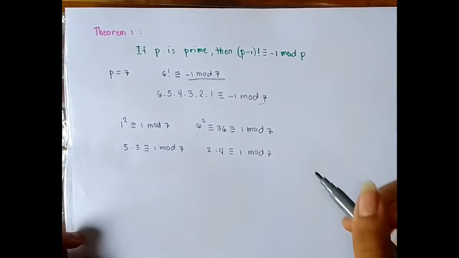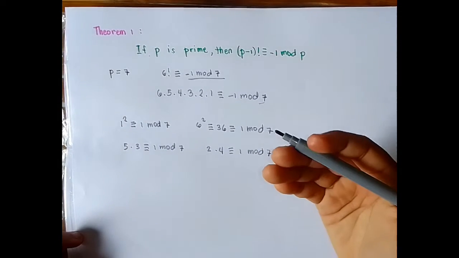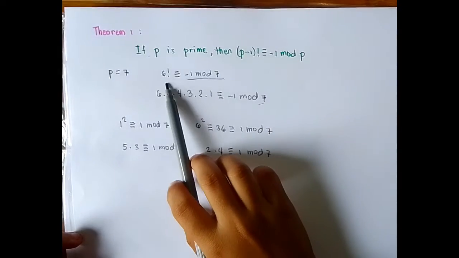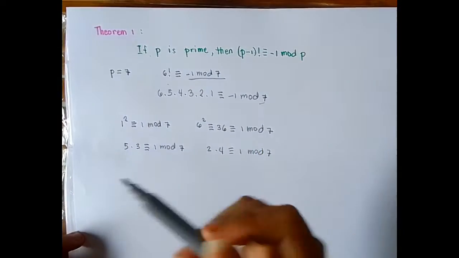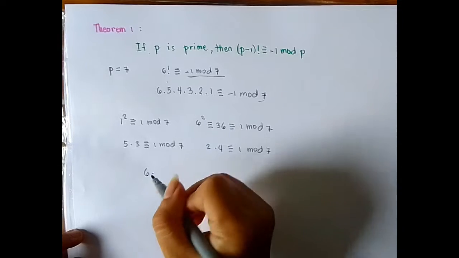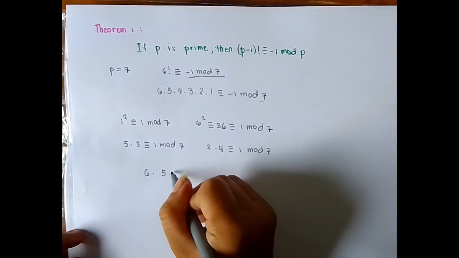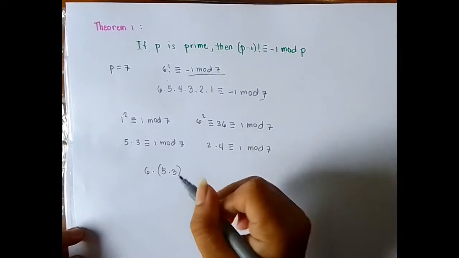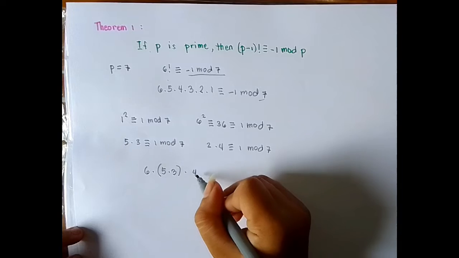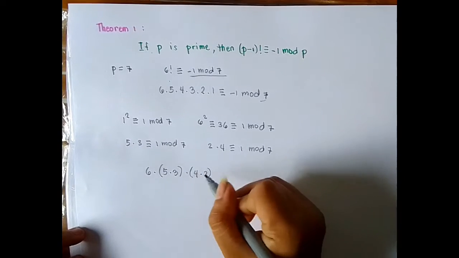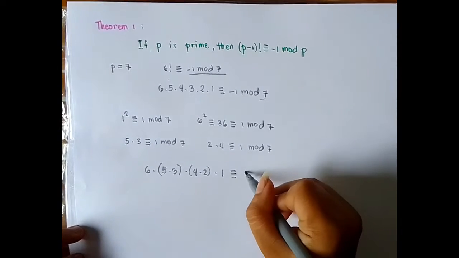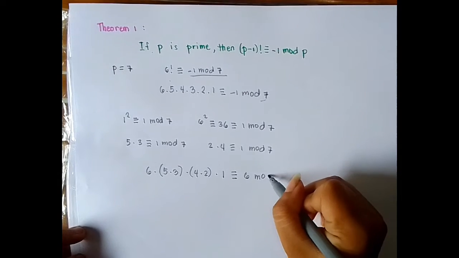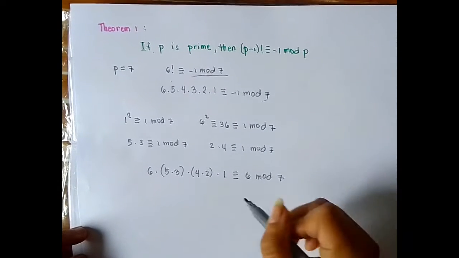Therefore, rearranging the terms of 6 factorial to put inverses next to each other, we have 6 times 5 times 3 times 4 times 2 times 1 is equivalent to 6 mod 7.